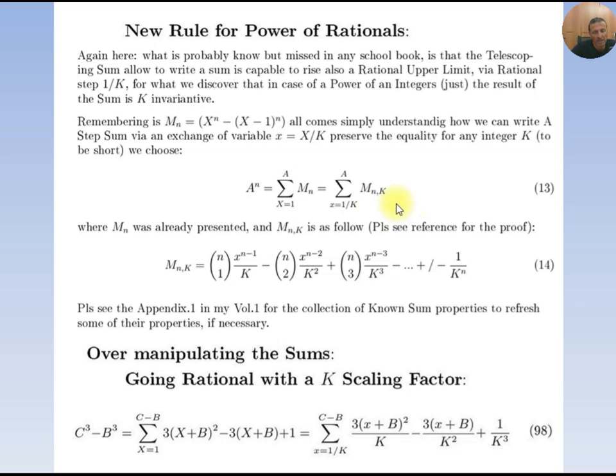So the one allows me to move by a step that is irrational from 1 over k to a.